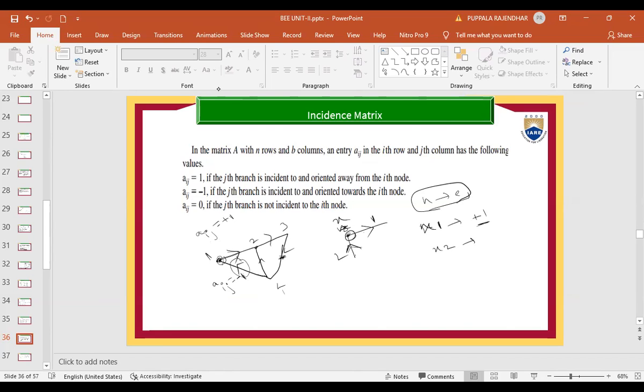This is towards the node, so -1. Is element 3 incident to this node? Is there a link? No. So for node x to the third element, because there is no incidence, we will take 0. So the same thing we have written here.